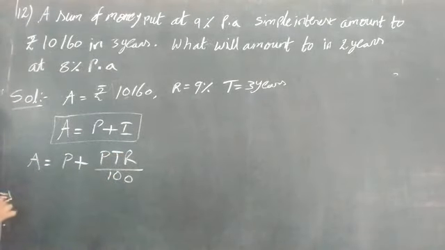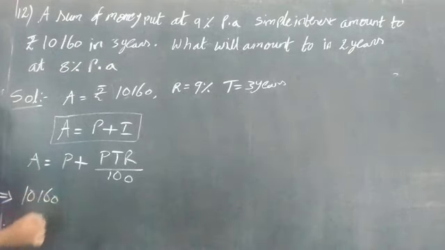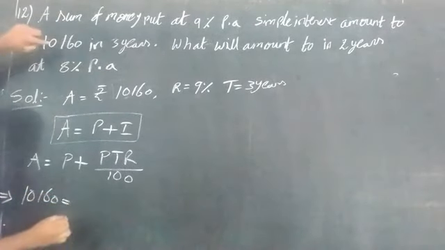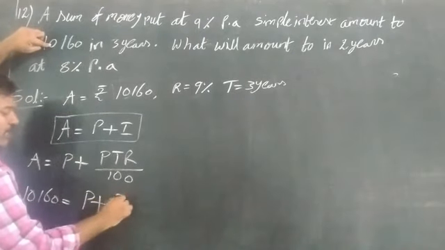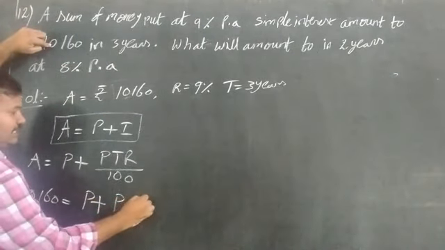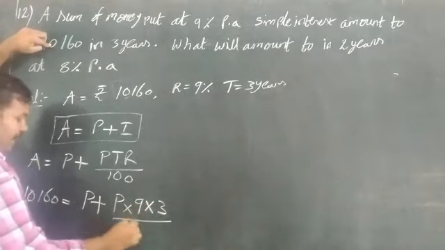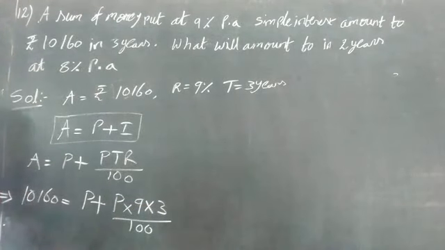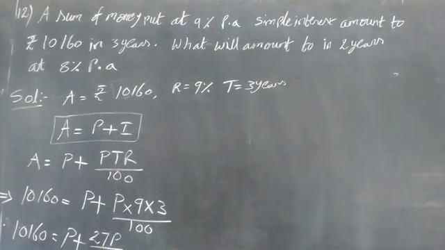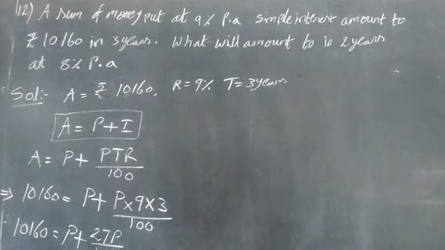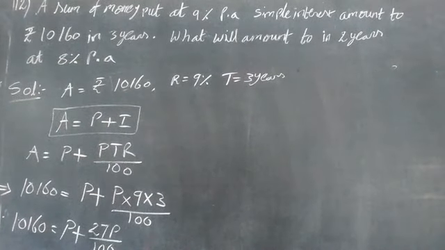Substituting, 10,160 is equal to P plus P into T, that is 9 into 3, by 100, which changes to 10160 is equal to P plus 27P by 100.